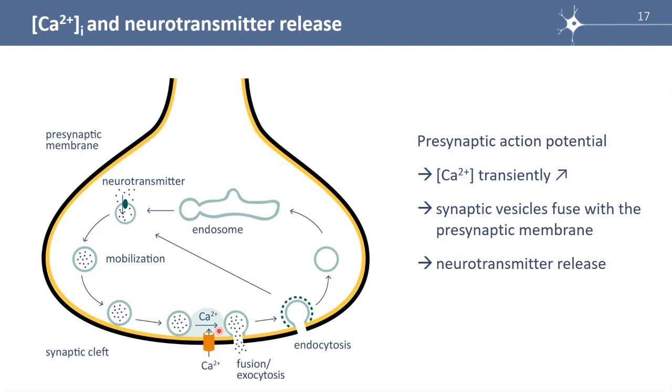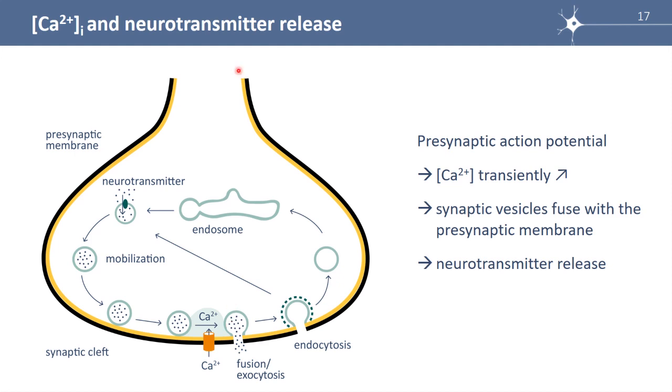These are complex phases which are not yet fully understood, because they involve changes in protein conformations, and we are not going to explain them all. Afterwards, these vesicles are recycled through endocytosis, then refilled with neurotransmitter, which enables them to participate in another neurotransmitter release cycle.